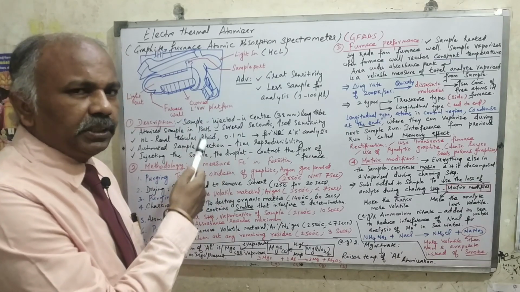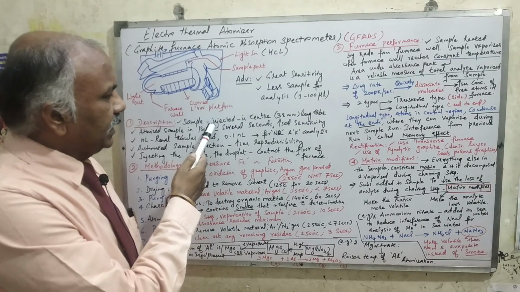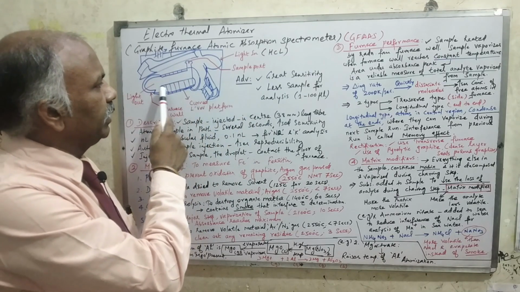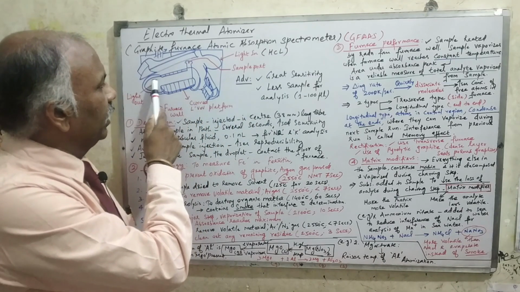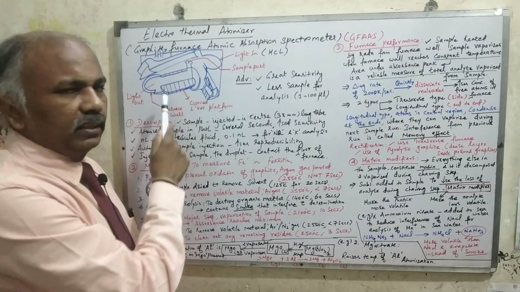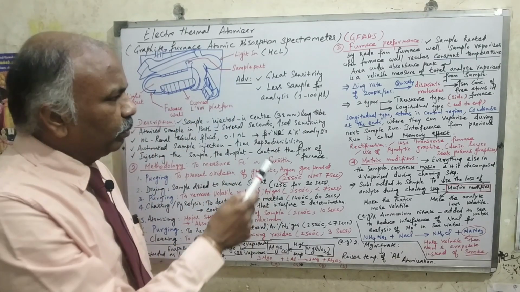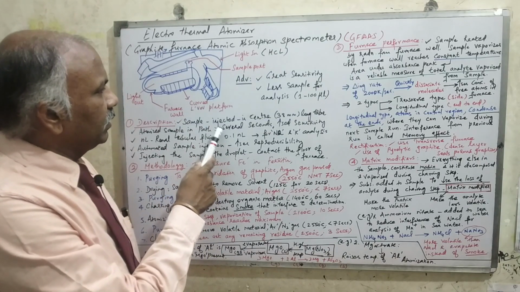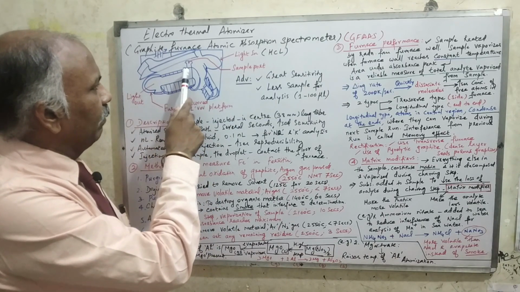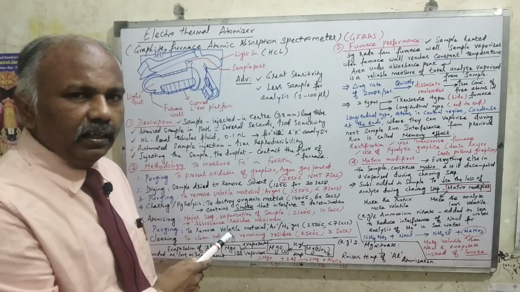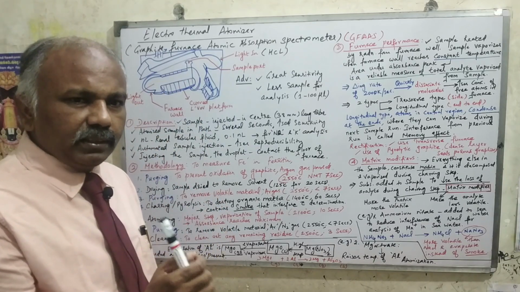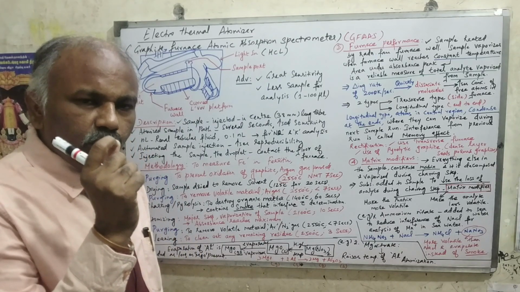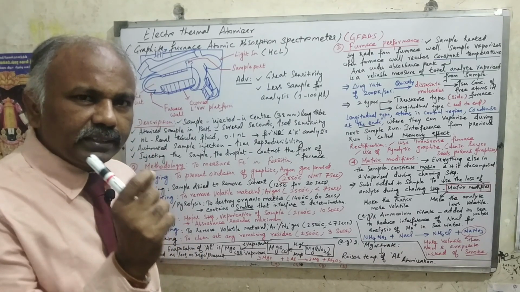Now, what is the description of this graphite furnace? The sample injected in the center will be going through this 38 millimeter long tube. The sample gets atomized here with the help of the graphite furnace. The purpose of any atomizer is to make the sample into atoms in the gas phase ground state.